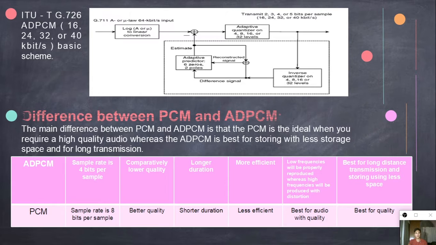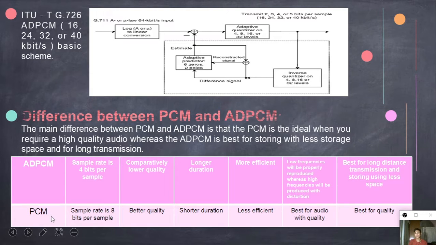ADPCM has a sample rate of 4 bits per sample, comparatively lower quality and longer duration, more efficient, and low frequencies will be properly reproduced, whereas high frequencies will be produced with distortion. It is best for long distance transmission and storing using less space, because it compresses the file.